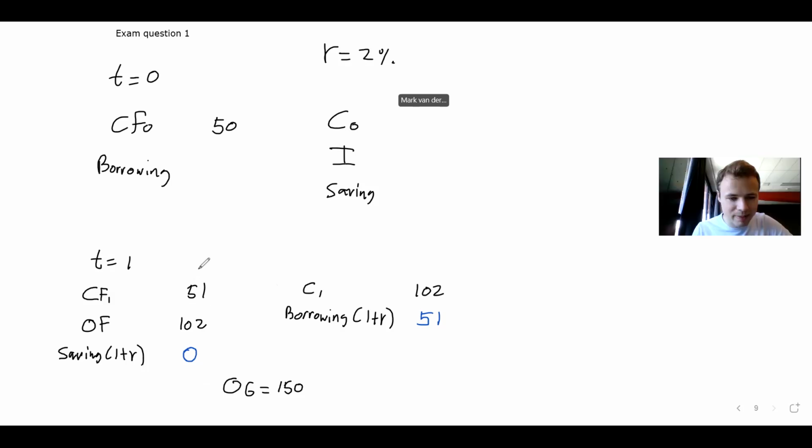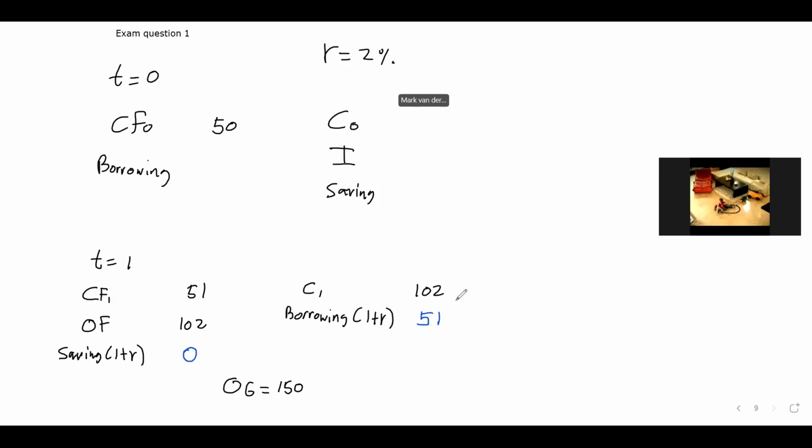So we are now in next year, right? I had an income of 153. I only consumed 102. And why did I consume so little? Because I needed 51 euro to pay back the debt that I had, because I borrowed in the previous period.